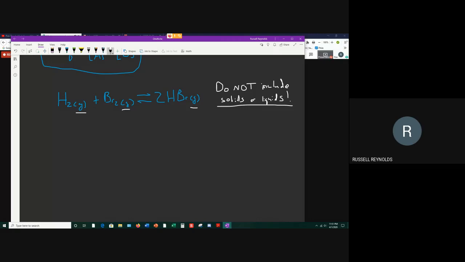They do not affect the rate of equilibrium, so they are not included in the equilibrium expression. Do not include them. Only include gases and aqueous compounds.